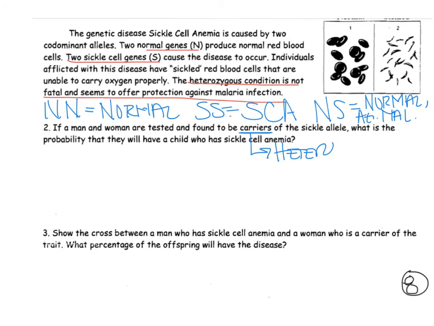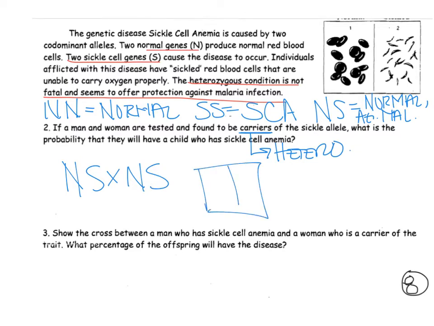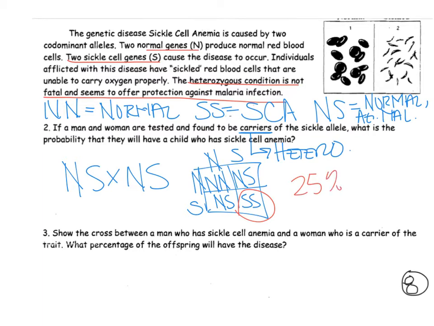Okay, so carrier means heterozygous. All right, so if a man and a woman are both carriers, all right, there's your cross. Fill out your Punnett square just as you normally would. All right, and the probability that they will have a child who has sickle cell anemia would be 25% sickle cell anemia.